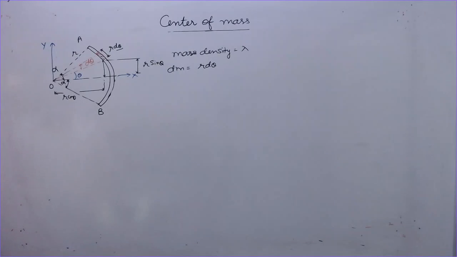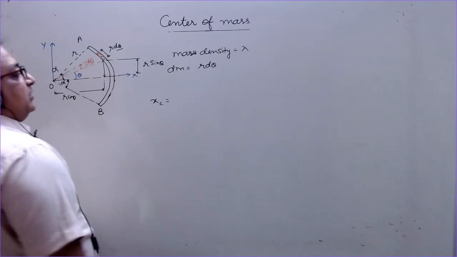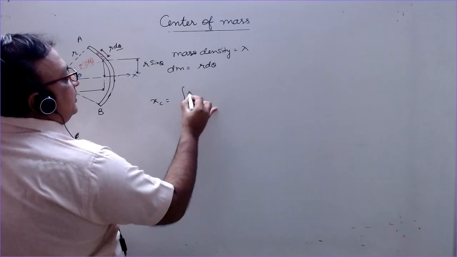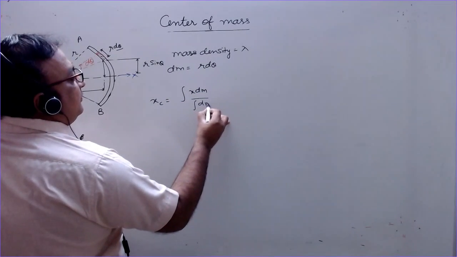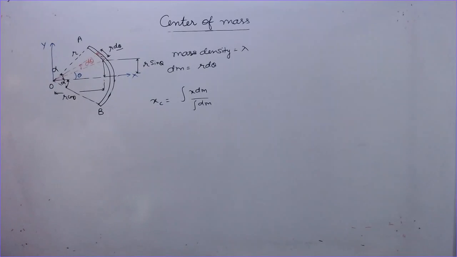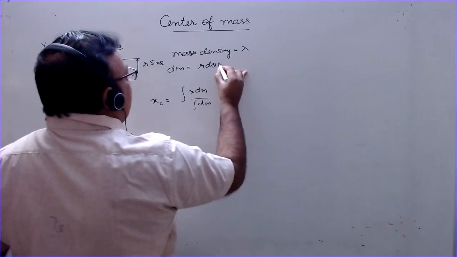Now we can find the x coordinate of the center of mass. So the x coordinate I can write as integral of x dm divided by integral of dm. So dm, we know that this is equal to r d theta multiplied by lambda.